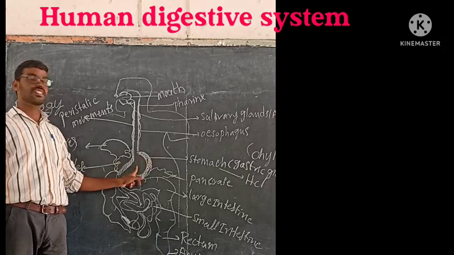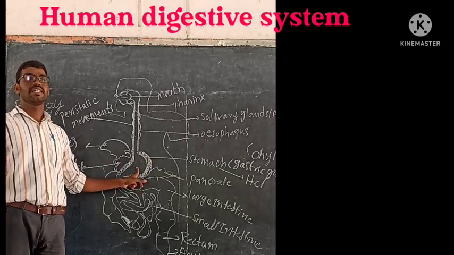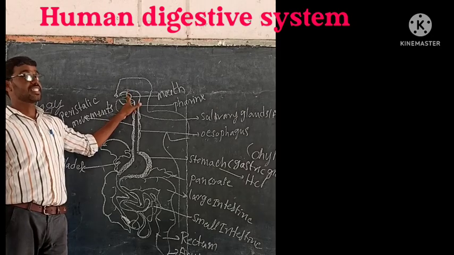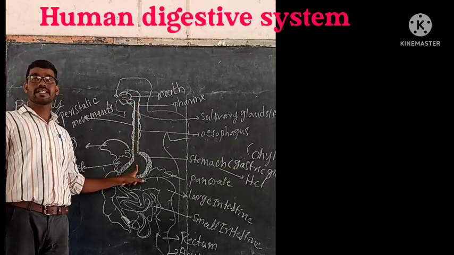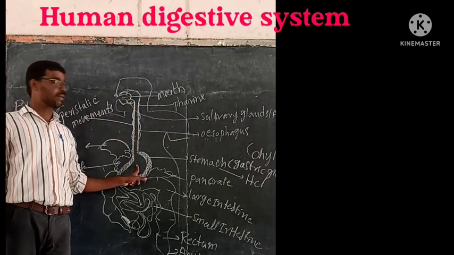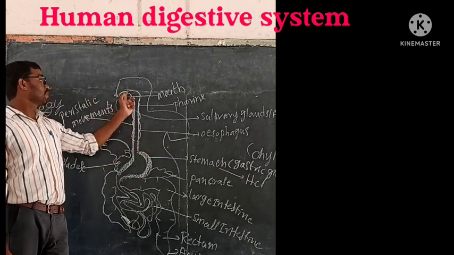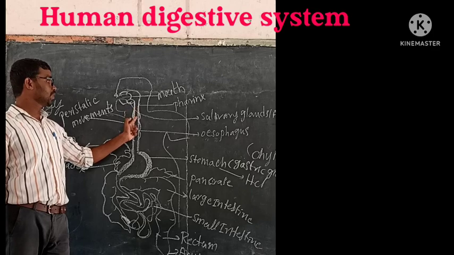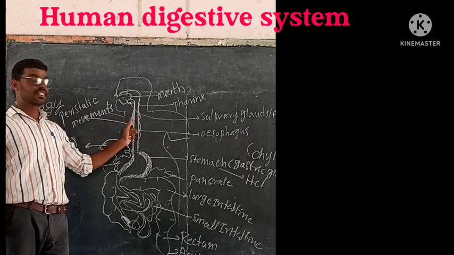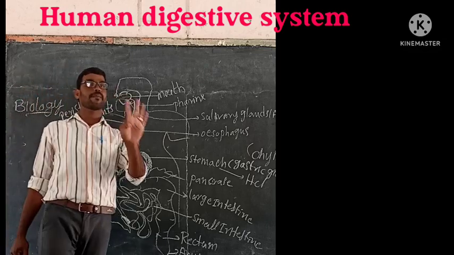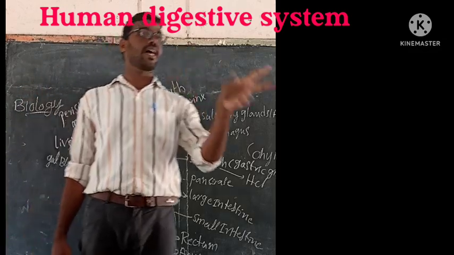With the help of gastric juice and stomach walls, chyme is formed. Bolus is basic in nature, chyme is acidic in nature. Why? Because acid is produced by the stomach. Next, bolus enters from the mouth to the esophagus, chyme enters from the stomach to the small intestine. These are the 4 points about bolus and chyme.